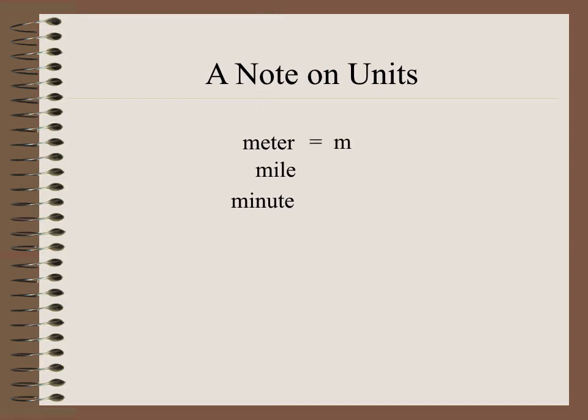Meter, as you have seen, is abbreviated as an M. Mile is abbreviated as MI, and minute is abbreviated as MIN. It's important that when you're writing down the abbreviation for these units, that you do it correctly so that you're indicating the proper type of unit.